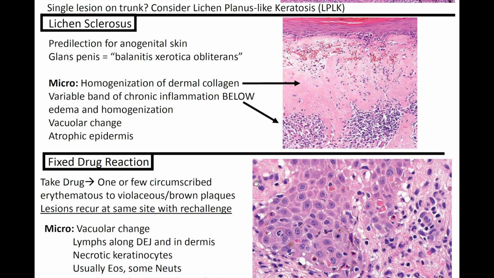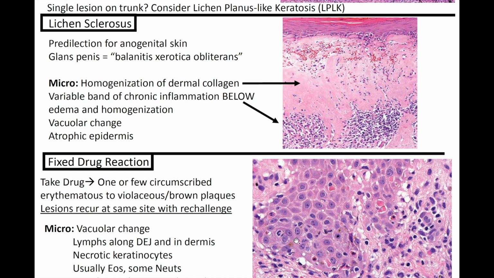Next up, we have a fixed drug reaction. If you take a drug, it can lead to one or a few circumscribed erythematous to violaceous brown plaques occasionally. Lesions recur at the same site with re-challenge. So if they're given the drug again, these lesions are going to pop up at the same site.